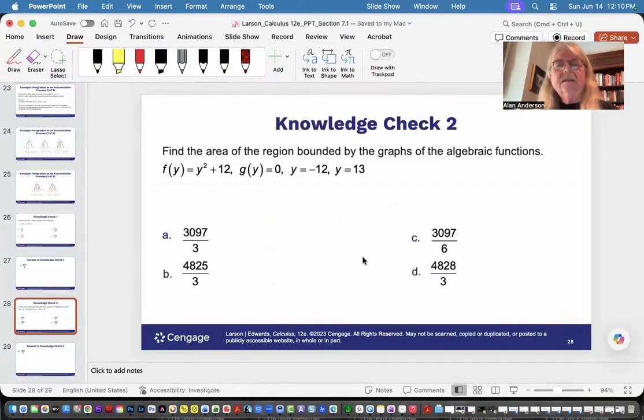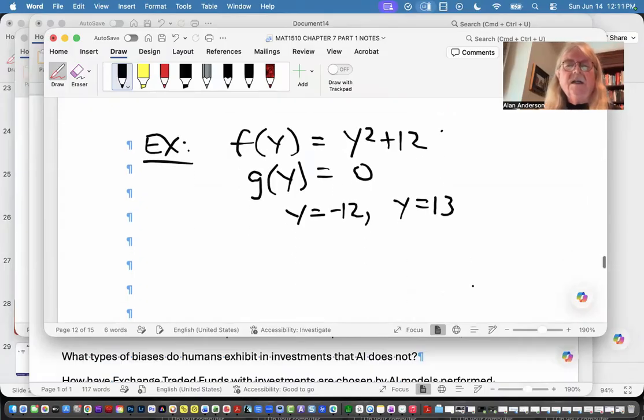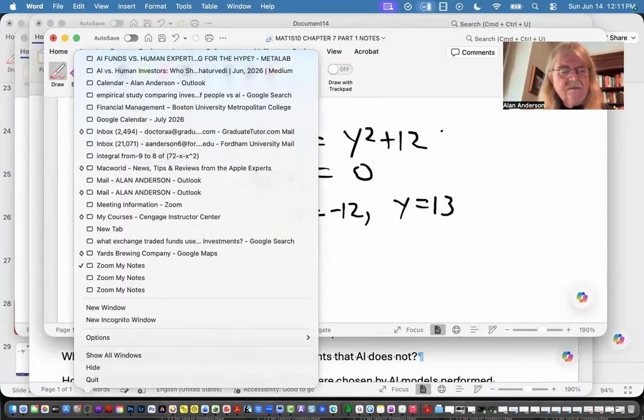And so the endpoints are negative 12 and positive 13. All right, so I'm going to go to Symbolab and just make sure that we're doing this correctly.